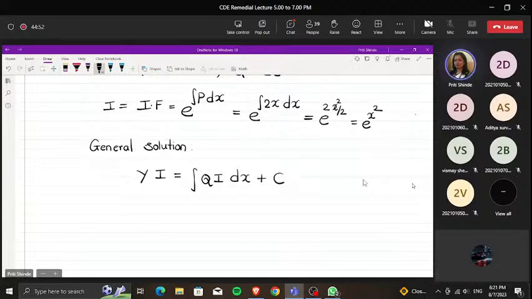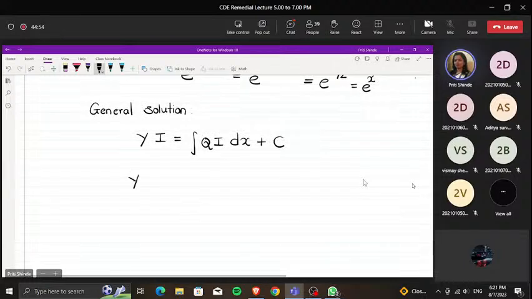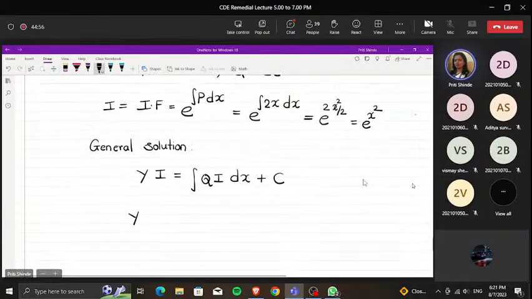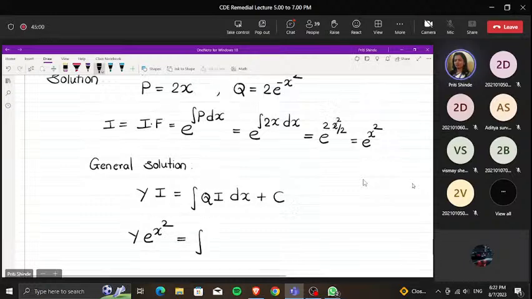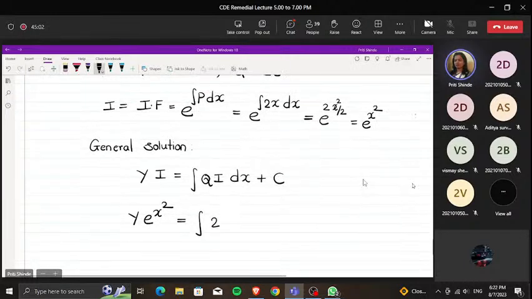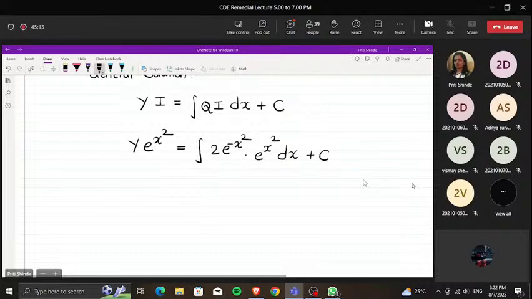So this is the formula. So y, integrating factor is e raised to x square, q is 2e raised to minus x square, I is e raised to x square, dx plus c. So you cannot simplify your left hand side. Left hand side remains as it is.